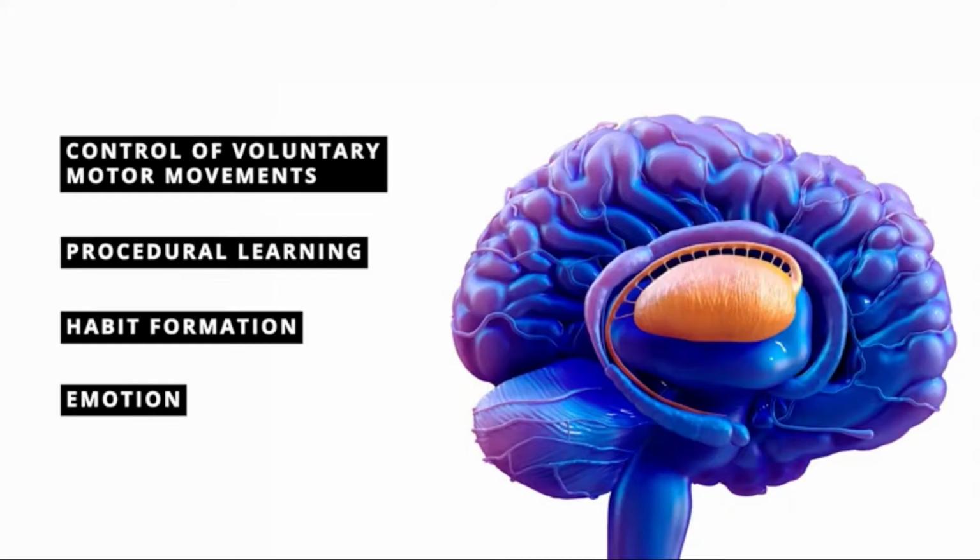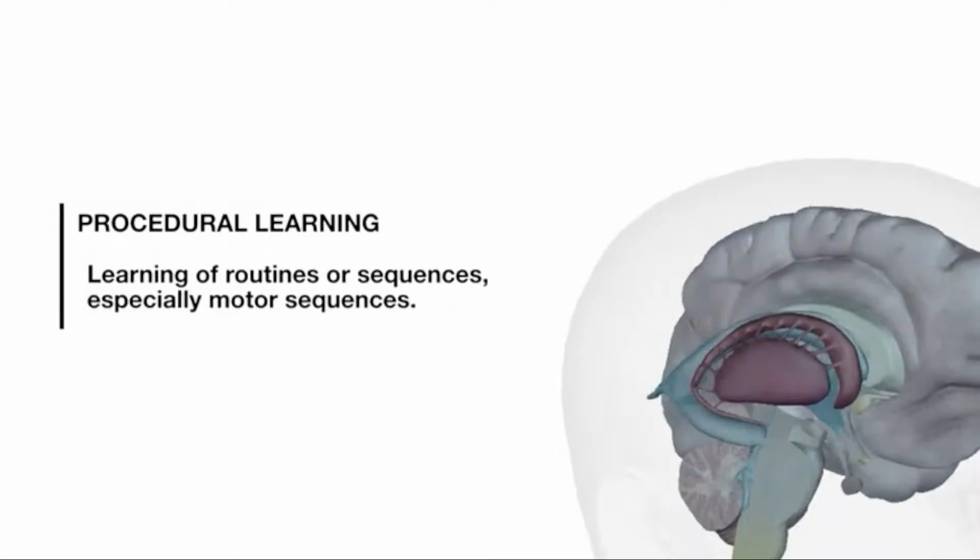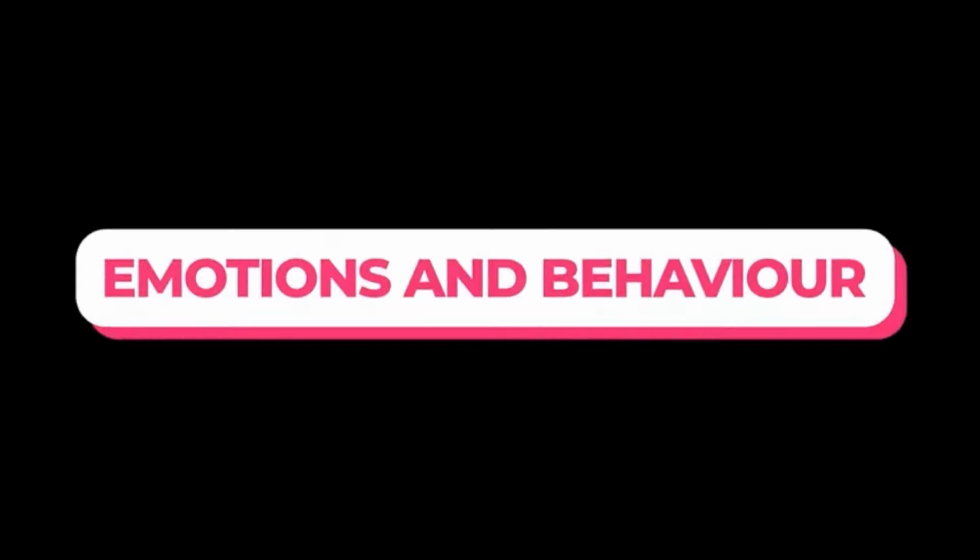They play a role in the learning of routines or sequences, especially motor sequences. Emotions and behavior. The basal ganglia are connected to the limbic system and have been implicated in the control of emotional behaviors and responses. Cognitive functions. They contribute to certain aspects of cognitive processing, decision-making, and task switching.